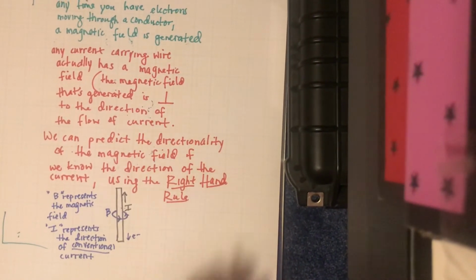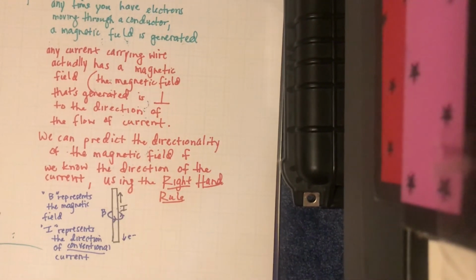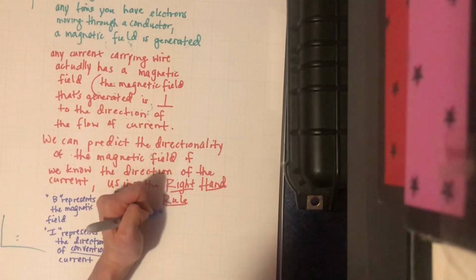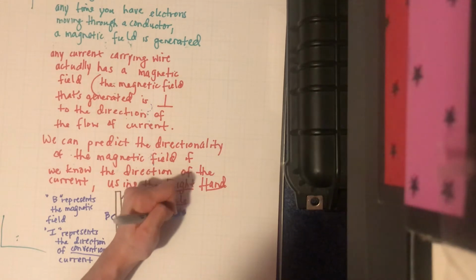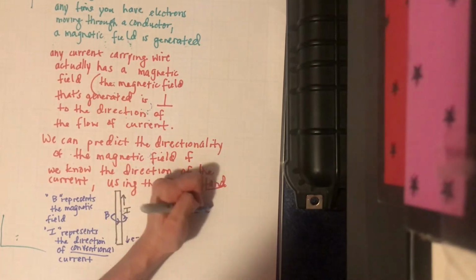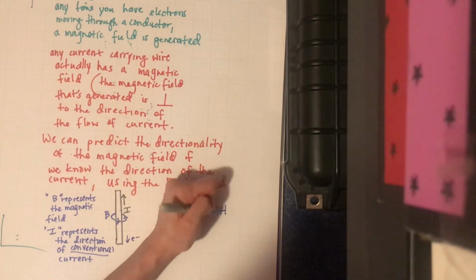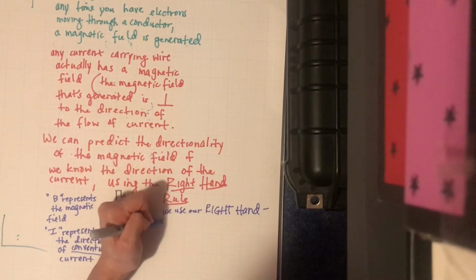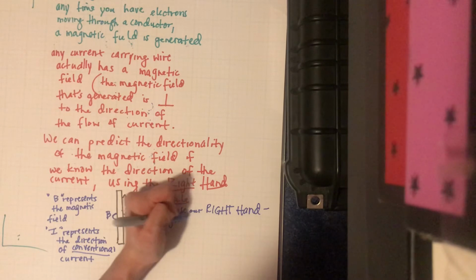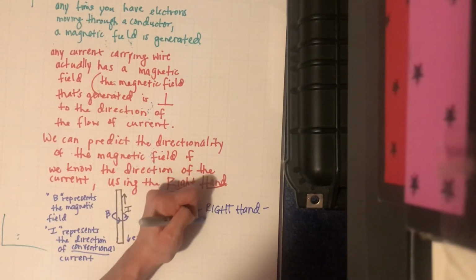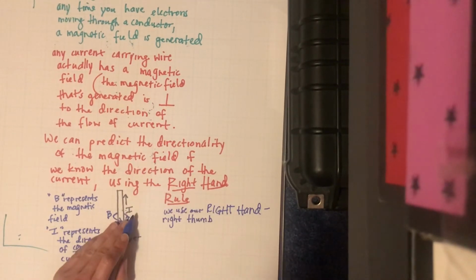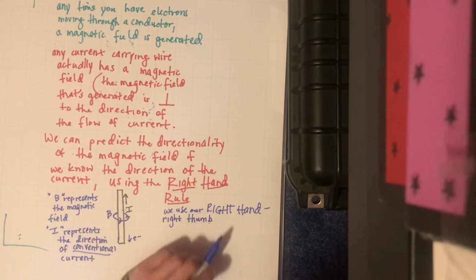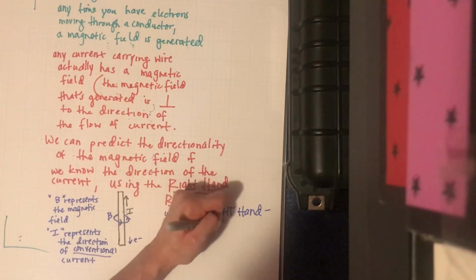Okay, so right hand rule, let's just make a note to ourselves. We use our right hand. The right thumb points in the direction of conventional current, I, not our electrons, points in the direction of conventional current.